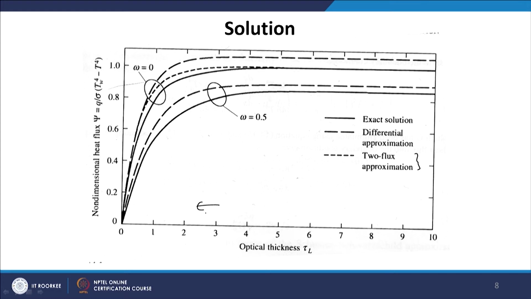For optically thick cases, we see that the method is relatively more accurate than the differential approximation method, which is the method we are going to discuss next, but still it gives good agreement for optically thick cases also. So, for this one dimensional problem between parallel plates, the two flux approximation method gives very good results for optically thin as well as for optically thick cases.